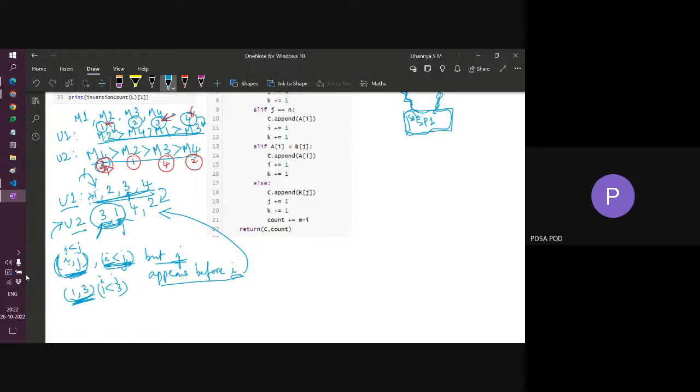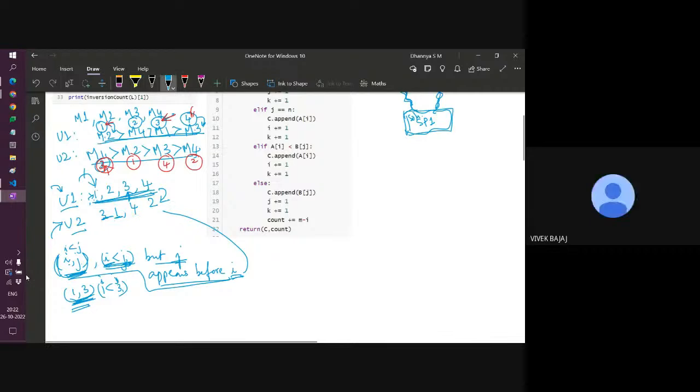That is opposite to the preference given by U1, because for U1 it is all in increasing order. So if there is one place where this increasing order is not happening, that is an inversion. If you look at the pair 1, 3, this satisfies this condition with respect to the ordering given here, because here i is 1 and j is 3, and j in this sequence is appearing before 1.